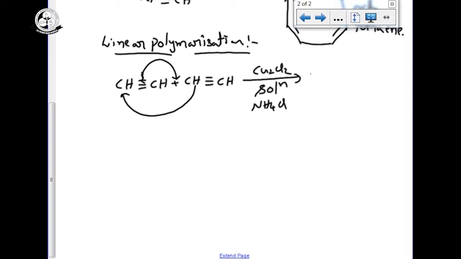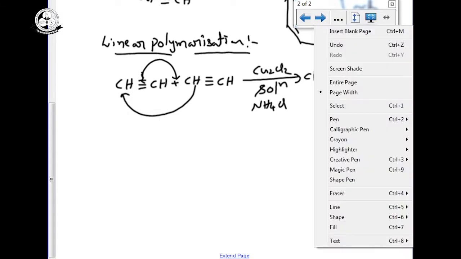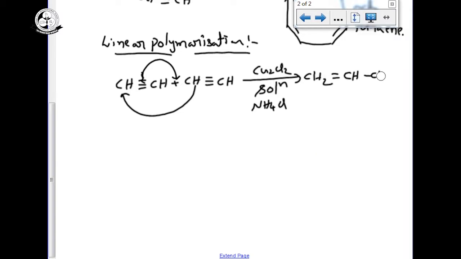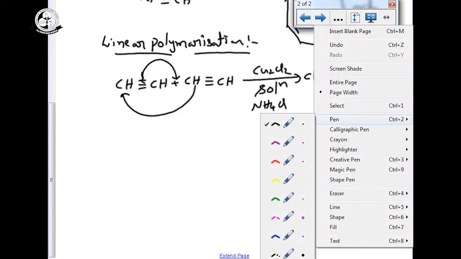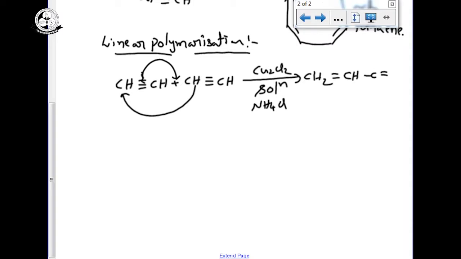Now see, it becomes CH2 double bond CH single bond C single bond C. There is triple bond CH.